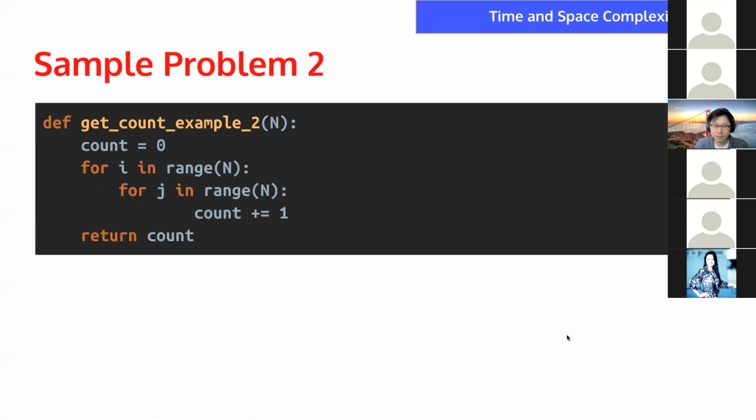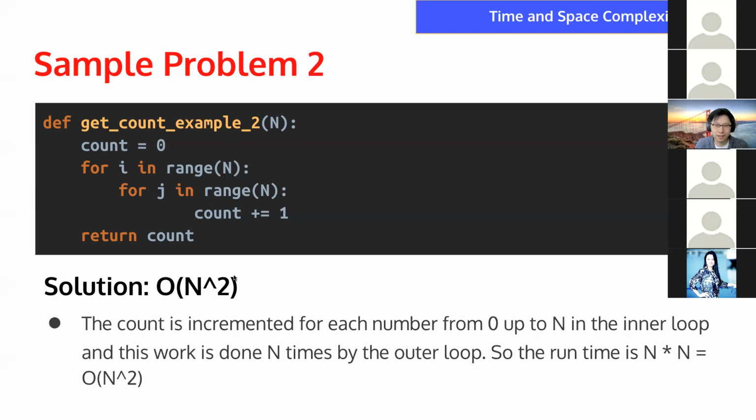All right, problem 2. It's a little more advanced this time. Instead of a single loop, we have a nested loop, and we're also counting how many times we go through this loop. Does anyone know what the runtime of this would be? N squared. N squared, right? That's right.